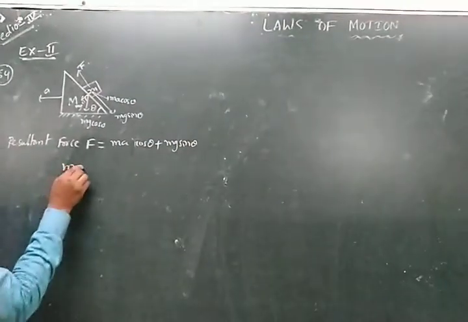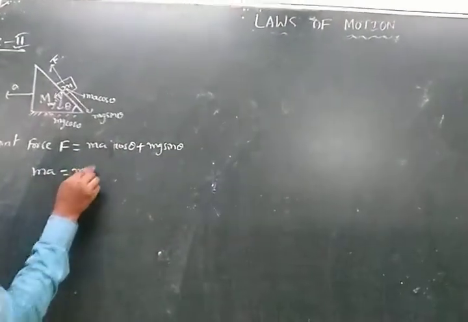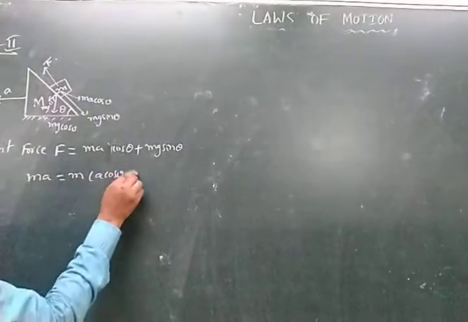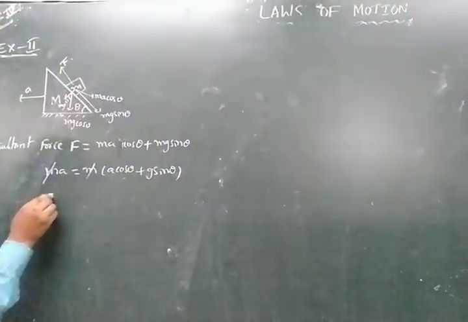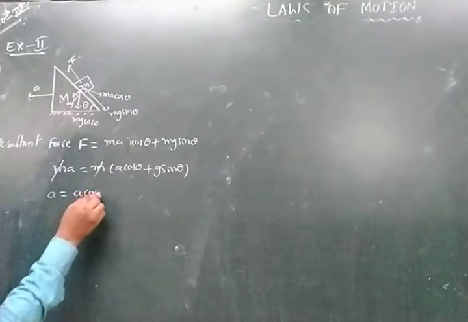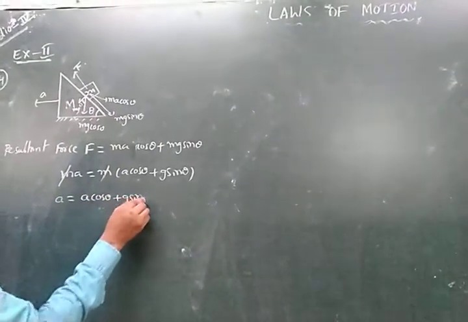From Newton's second law, F is equal to ma. m is taken as common, a cos theta plus g sin theta, and m gets cancelled. So a is equal to a cos theta plus g sin theta.